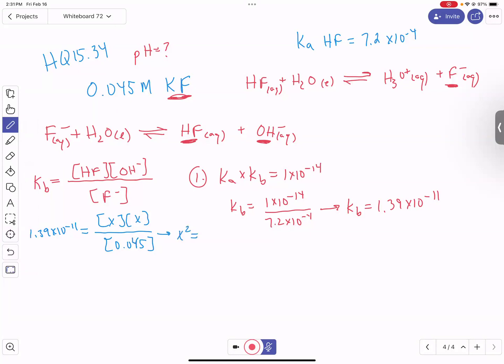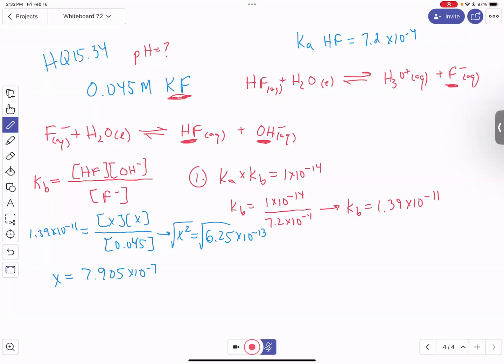I get X squared equals 6.25 times 10 to the minus 13. Square root of both sides, and I get X equals 7.905 times 10 to the minus 7.